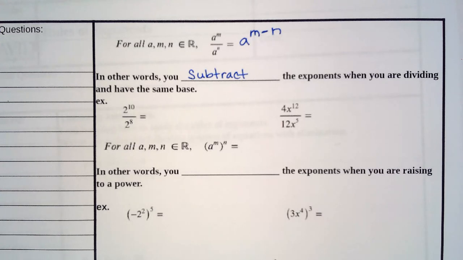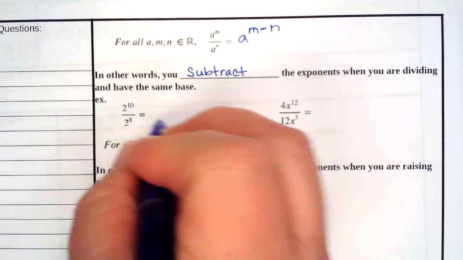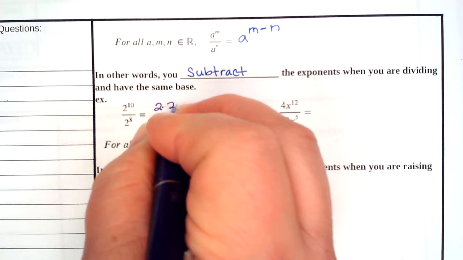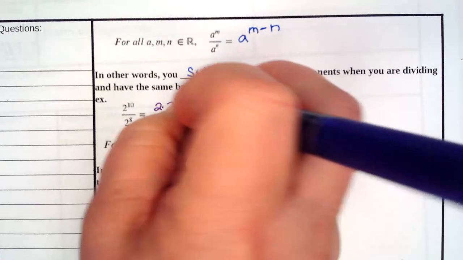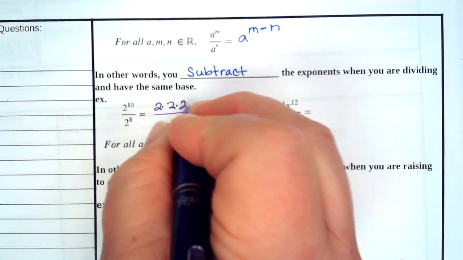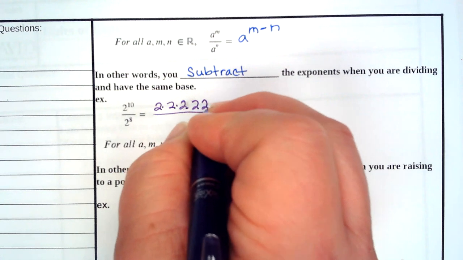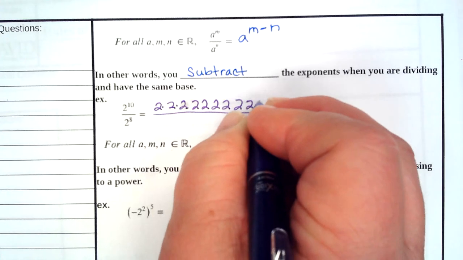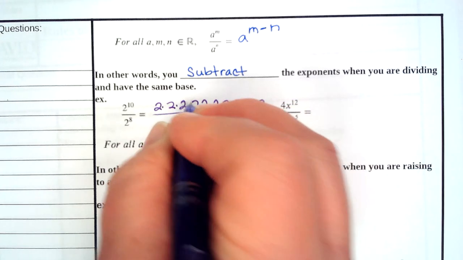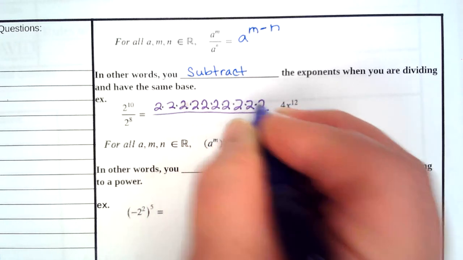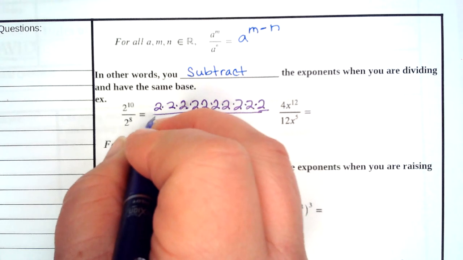So let's take a minute and look. Let's go ahead and expand 2 to the 10th power out. There are 10 factors of 2. Now, 8 factors of 2.